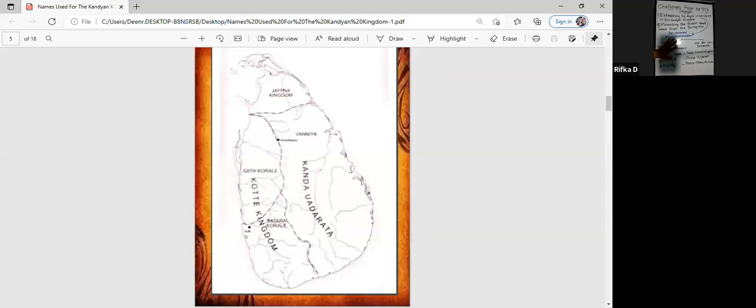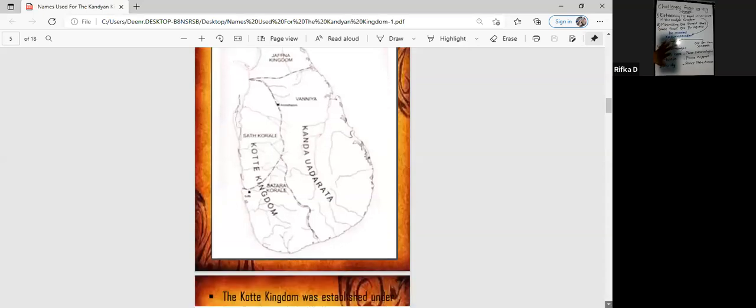During the ruling period of King Parakramabahu the sixth, the Kanda Udarata kingdom, that is the Kandyan kingdom, was a unit of the Kotte kingdom. After Parakramabahu the sixth, the Kotte kingdom started declining.